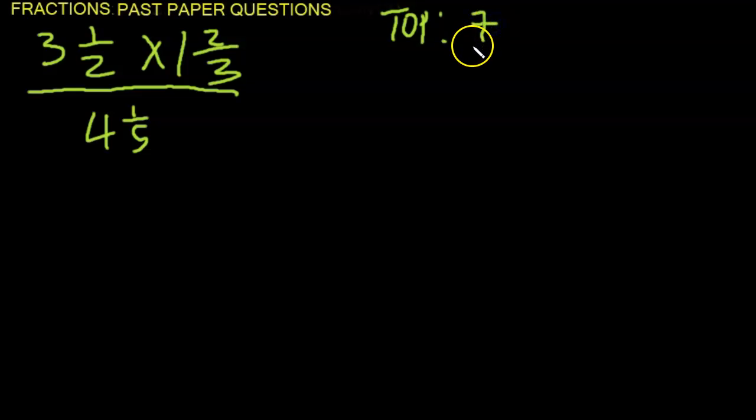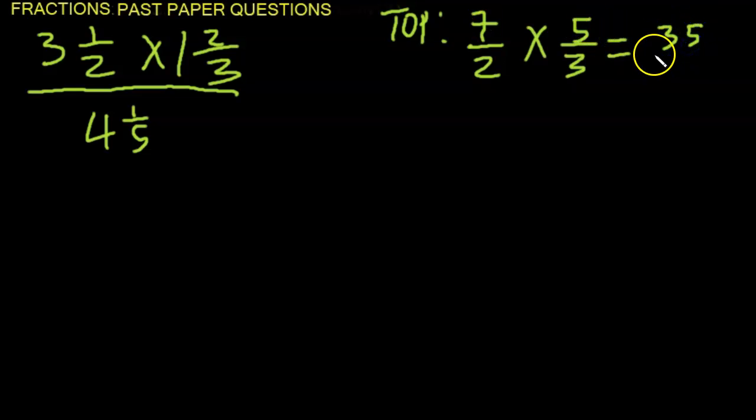So 3.5 converts to 7 over 2. And 1 2/3 converts to 5 over 3. Remember, when multiplying two fractions, numerator times numerator, denominator times denominator. So 7 times 5, that's 35, and 2 times 3, that's 6.